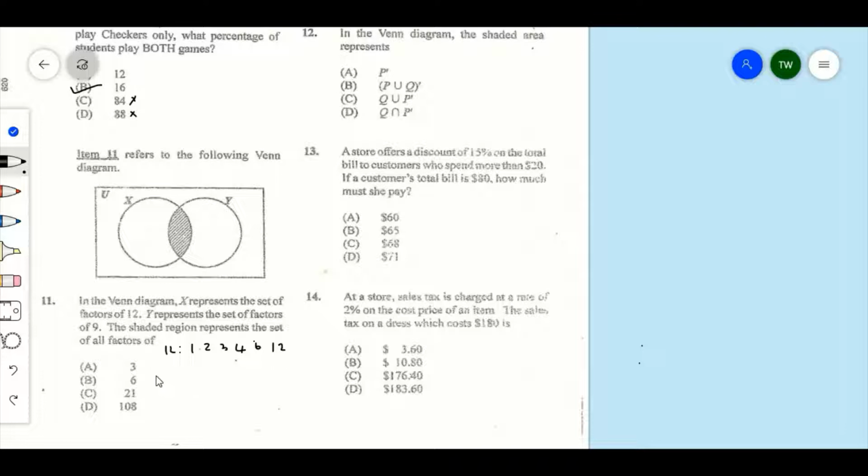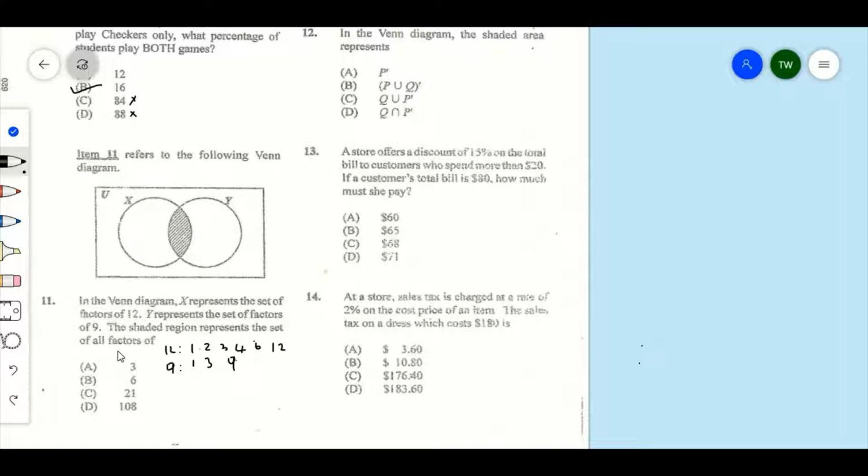And we can list out the factors of 9. And the factors of 9 is going to be all the numbers that can divide 9 equally, and it's going to be 1, 3, and 9, right?